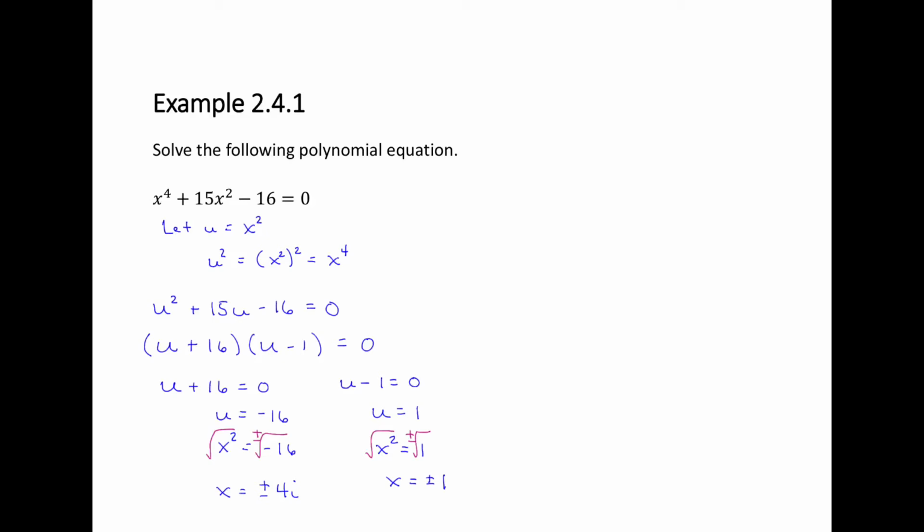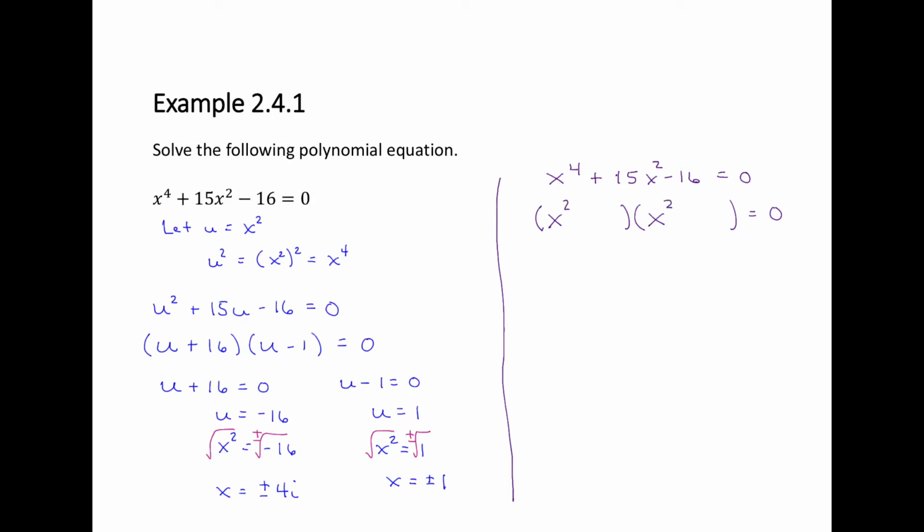I would also like to show an alternative way of working this problem. This will be straightforward factoring, and you may use this process as well. This will only work when our exponents are in ratio 2 to 1. We will factor this like we would a regular quadratic, except in the first positions, instead of putting just x, I will put x squared.